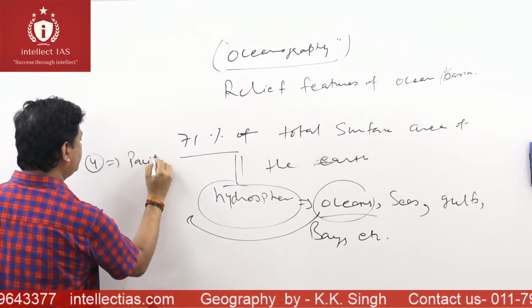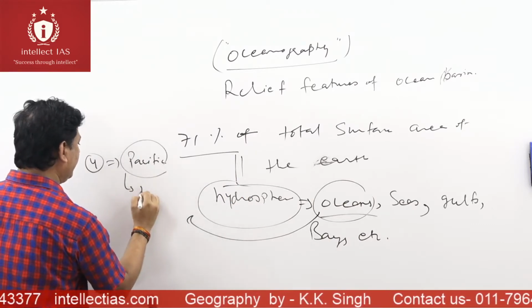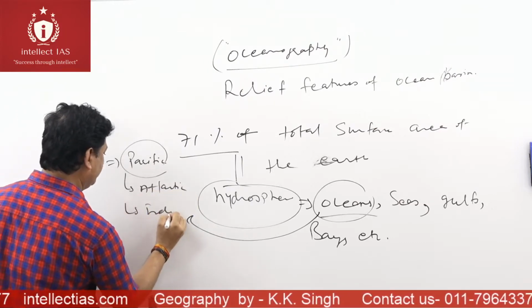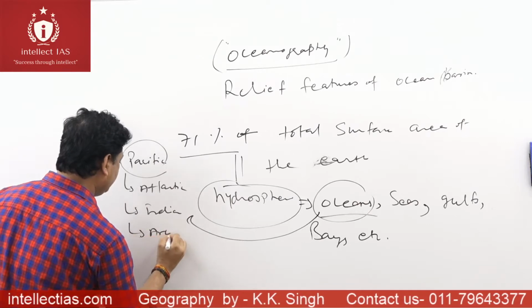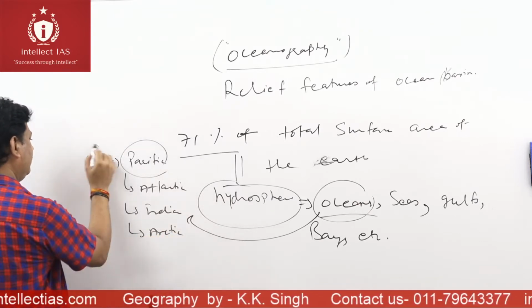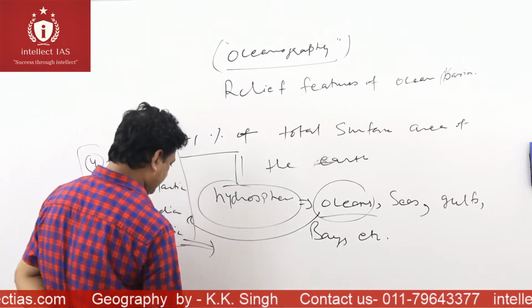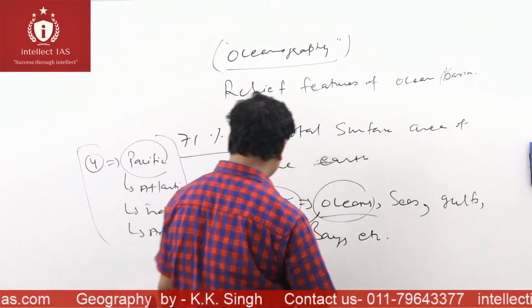Pacific is the biggest, then Atlantic Ocean, then Indian Ocean, then Arctic Ocean, and now the entire world is also giving a separate name to Southern Ocean.